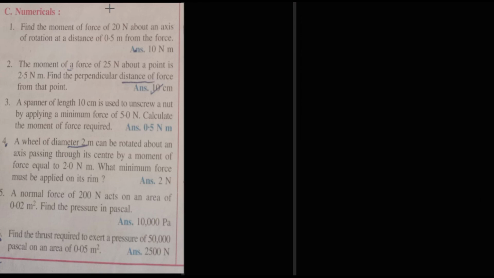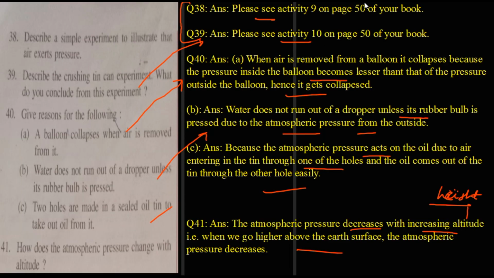So students, this is the numerical portion. It will be explained in the next video because our video has become lengthy, so you will get bored, but I have explained all the 41 theoretical questions given in your book.